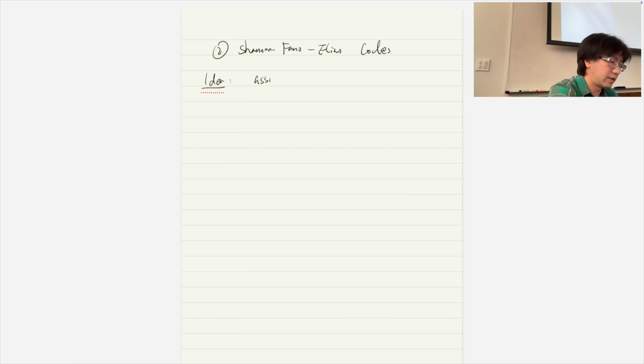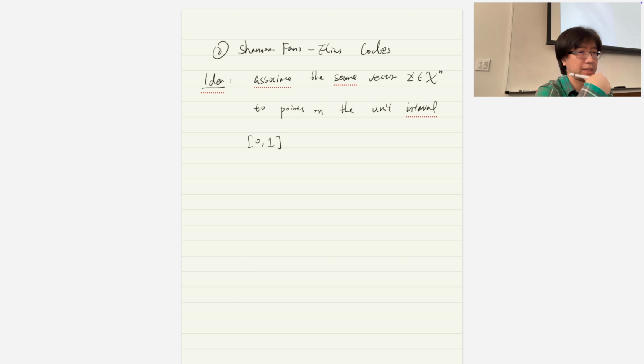So we're going to associate the source vector, where the block length is n, to points on the unit interval between 0 and 1.